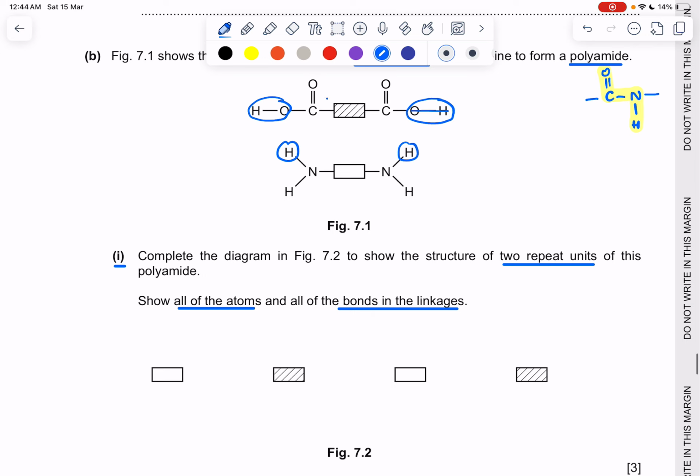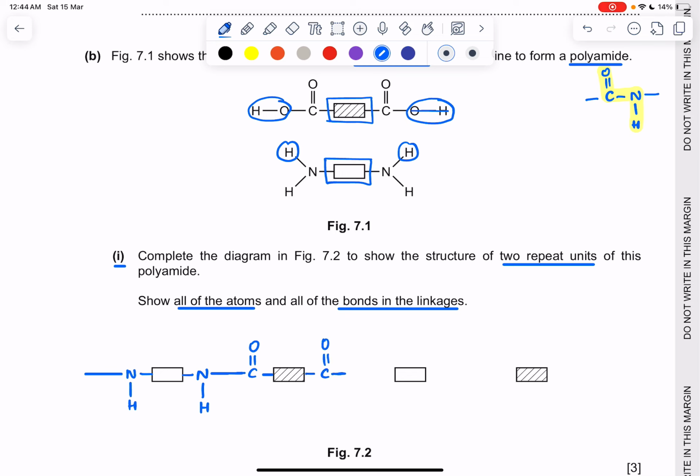Keep this boxes pattern in your mind. I have first the unfilled box. So we will draw nitrogen that is bonded with hydrogen on both sides like this, and then we have to draw an extended line, and then extended line, and to the shaded line we have a carbonyl carbon. So C double bond O that is bonded with nitrogen, and then again we have C double bond O, extended line, then the unfilled box, it means it is attached with the nitrogen and then hydrogen, and connect both the monomers together.